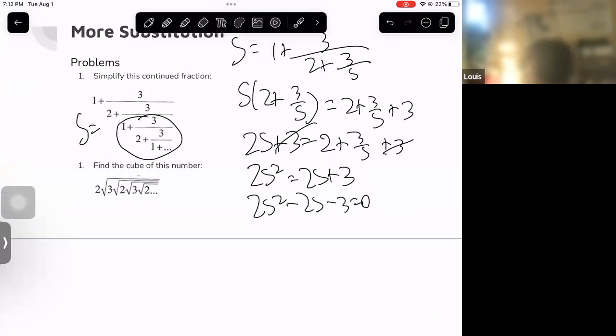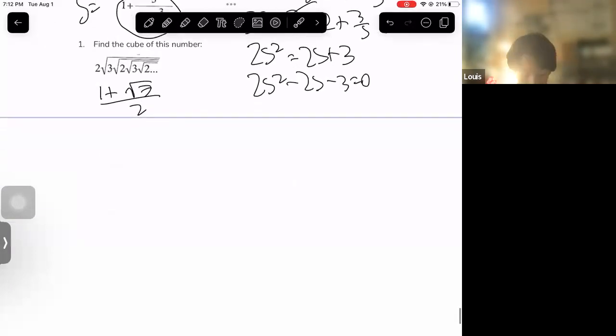And then after, we just solve using the quadratic formula, which gives 1 plus root 7 over 2. We don't use plus or minus here because we know that the fraction cannot be negative. So it's just 1 plus root 7 over 2.